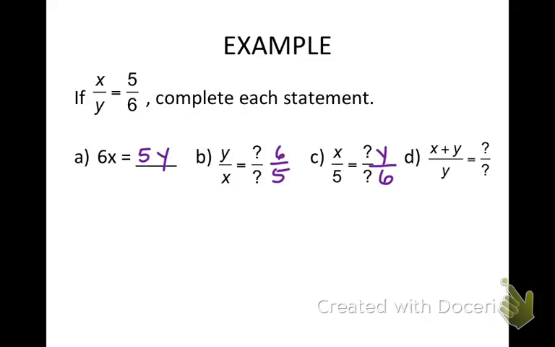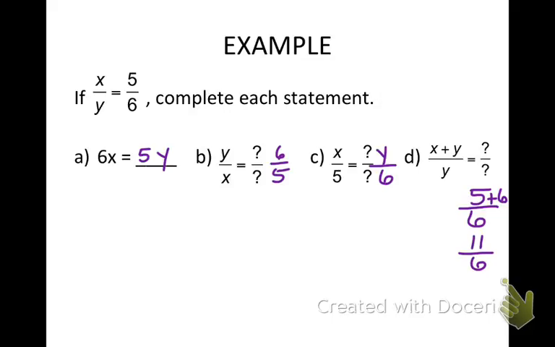All right, now this one gets a little bit trickier, because now what's happening to the ratio here? 6 plus 5 over 5. Good. I'm going to write it out 5 first. So we're taking our normal ratio, which is 5 over 6, and we're adding the denominator to the numerator. So I'm going to add a 6 there.